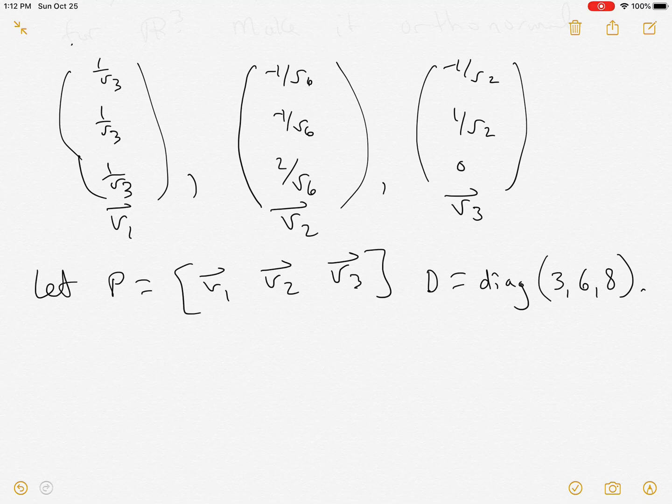And from before, since P is orthogonal, we know that A is equal to P D P inverse. And since P is orthonormal and orthogonal, this is P D P transpose. Awesome.